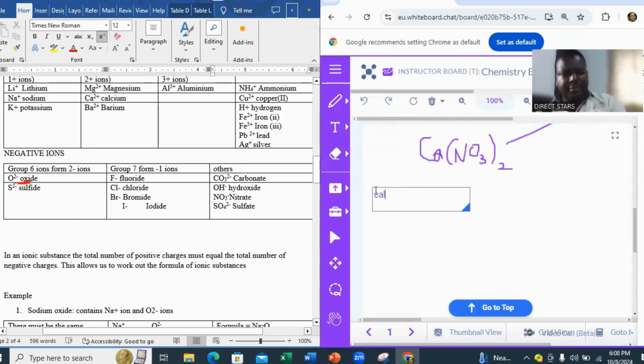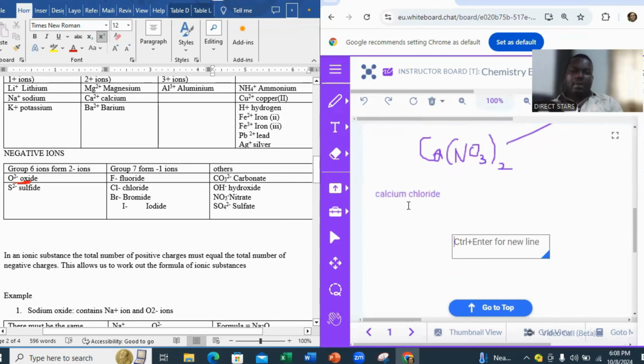Calcium chloride. Now, calcium belongs to group 2, so still 2+. Chlorine, on the other hand, is in group 7, so that will be -1.